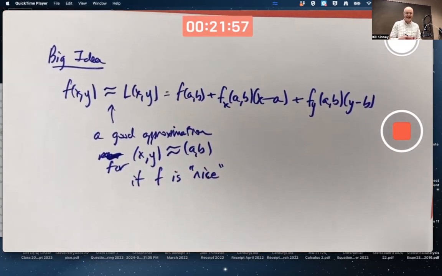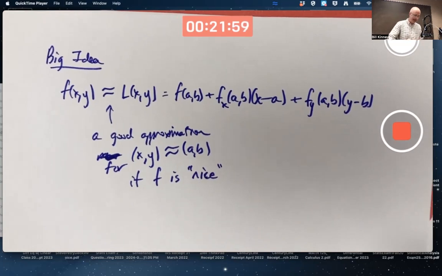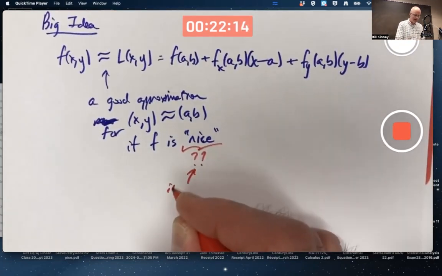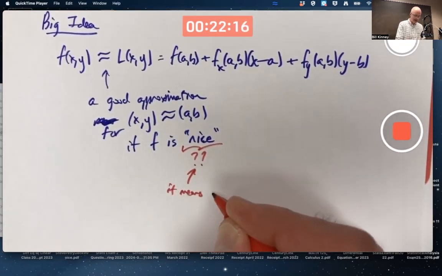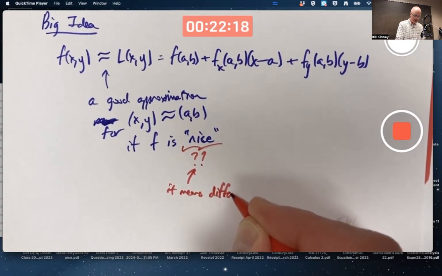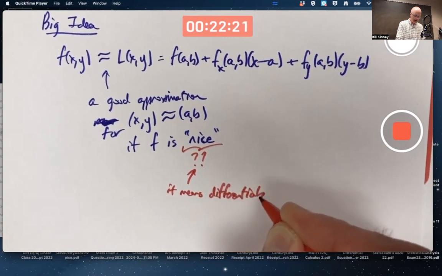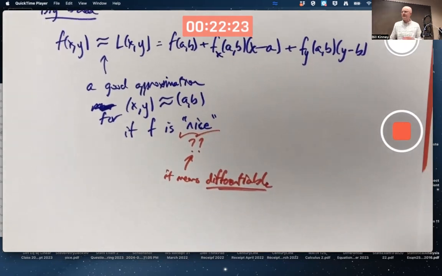But what does nice mean? It means differentiable. But what does differentiable mean? In Calc 1, differentiable means the derivative exists. In multivariable calculus, it's a bit more subtle because we have more than one independent variable.